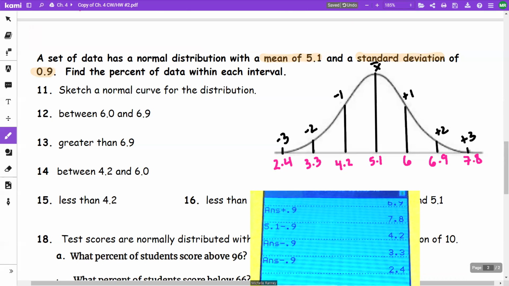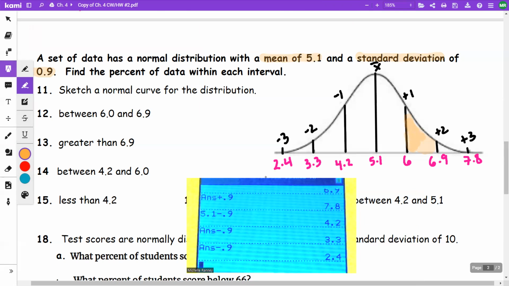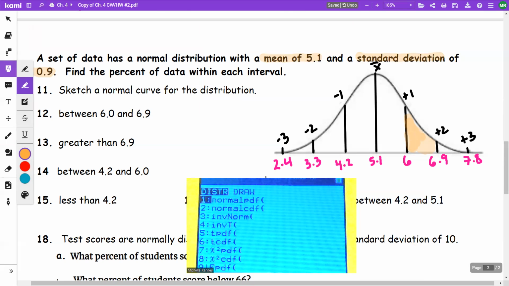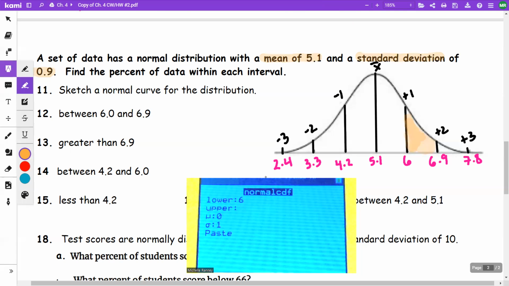So now they want us to find between a 6 and a 6.9. So I am looking at this section right here. I want the percent. So on my calculator, I am going to go to second and vars for distribution. I'm going to come down to number 2, normal CDF. And I'm going to be going from 6 to 6.9, and my mean is a 5.1 and my standard deviation is a 0.9.